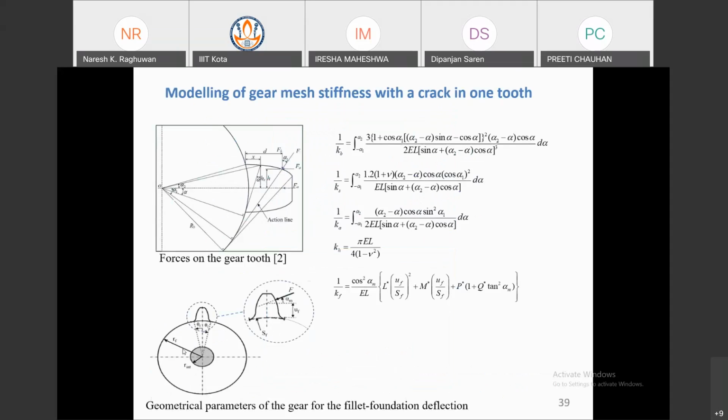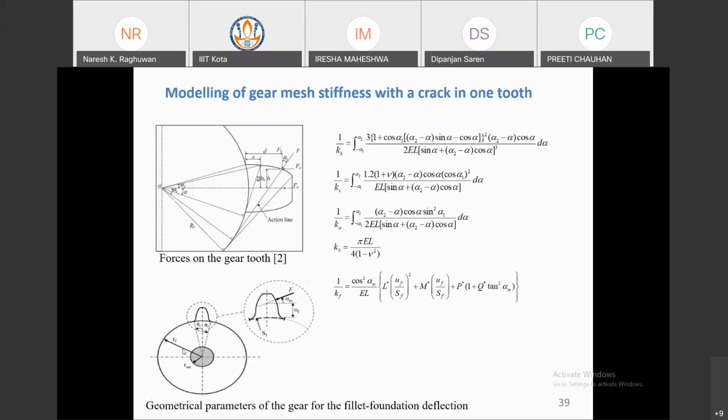These are some formulas for the gear mesh stiffness model; you can refer to some research papers. You can see here the different modeling of the mesh stiffness. Kb is the bending stiffness, Ks is the shear stiffness, Ka is the axial stiffness, Kh is the Hertzian contact stiffness, and Kf is the foundation stiffness.